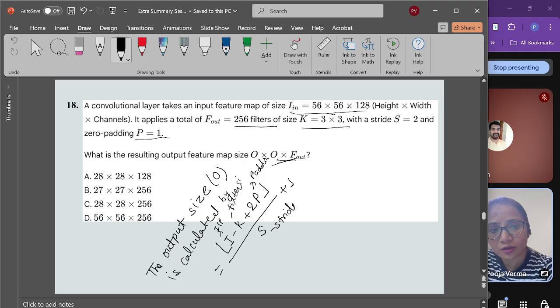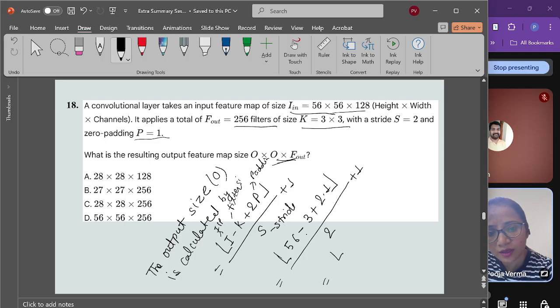Input is 56 cross 56, so only 56 we will take here to calculate further. So 56 minus K which is 3, plus P is given, so 2 into 1, divided by S which is 2, plus 1, right? So here you will get 56 minus 3, 53, plus 2, divided by 2 plus 1.